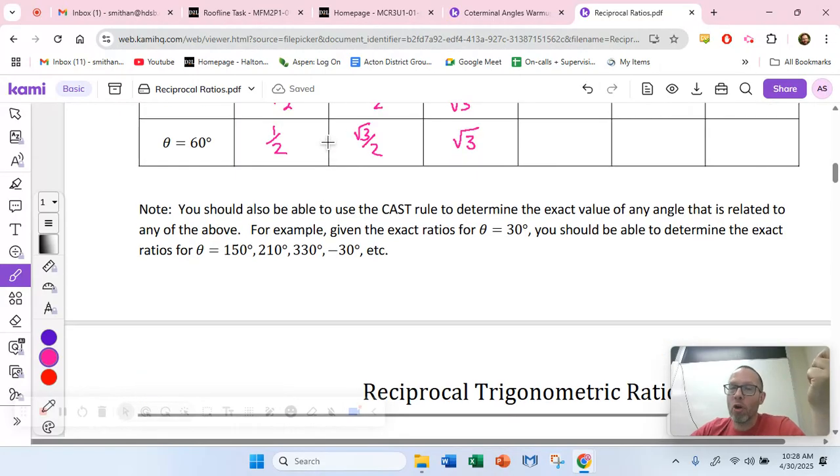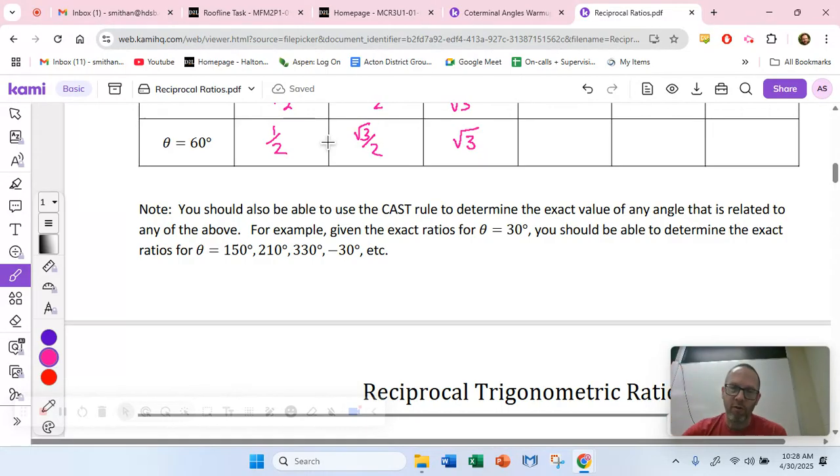You should be able to determine exact values for angles like these: 150, 210, 330. All of these angles have a reference angle of 30 degrees. They'll have the exact same trig ratios with their signs determined by the CAST rule. So we'll do an exercise with that later.